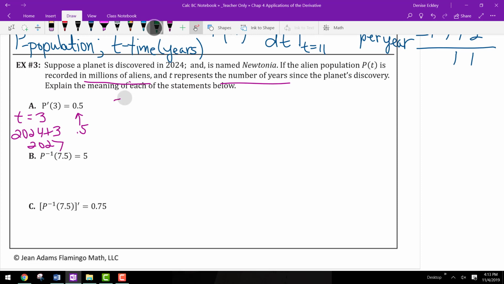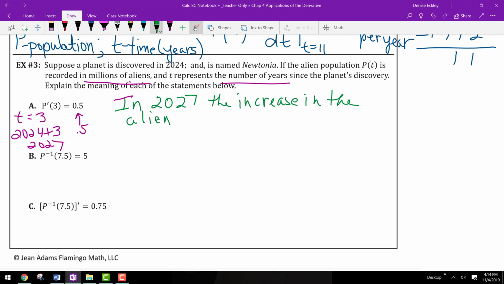So we're going to write in 2027, the increase, because it's a positive number, in the alien population on Newtonia is going to be 500,000 people.